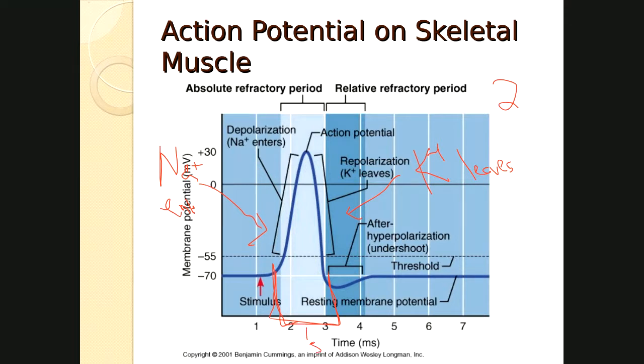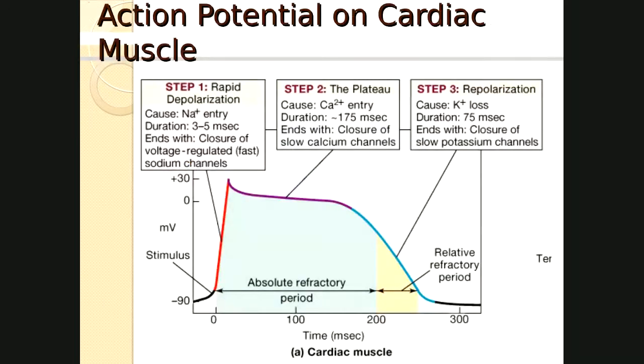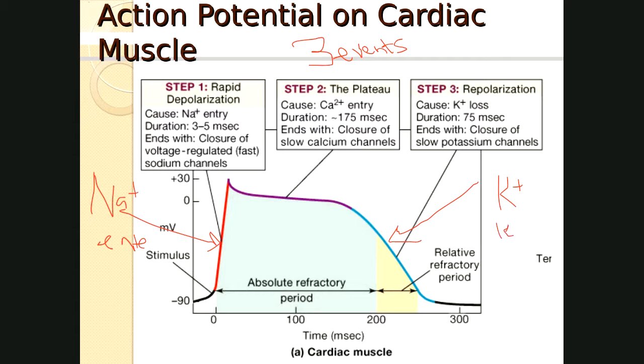But if you look at cardiac muscle, there are 3 events. 3, not 2, 3. This one's the same. So what do you think happens here? Just like skeletal, sodium enters. And this one over here is the same also, just like skeletal muscle. What happened? Potassium leaves. But there's a third event that happens here in the middle.